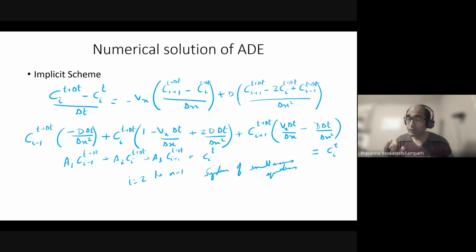How many equations will you get? You will get n minus 2 equations, right? From 2 to n minus 1, if you write for each value of i, you will get n minus 2 simultaneous equations. Now it's totally possible to solve such a system, right? Actually, maybe I'll try to explain that in the next slide.